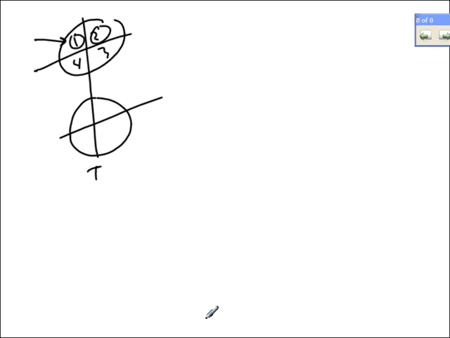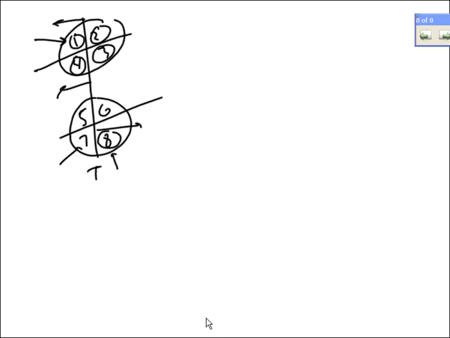One is exterior, so I look at the other exteriors, which are 7 and 8. One is on this side of the line, so I pick 8, which is on the other side of the transversal. 1 and 8 are alternate exterior. Don't say 1 and 2. Nor can you say, for example, 4 and 3 or 3 and 4 are alternate interior angles.